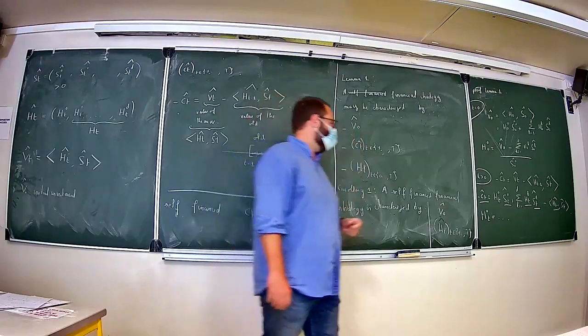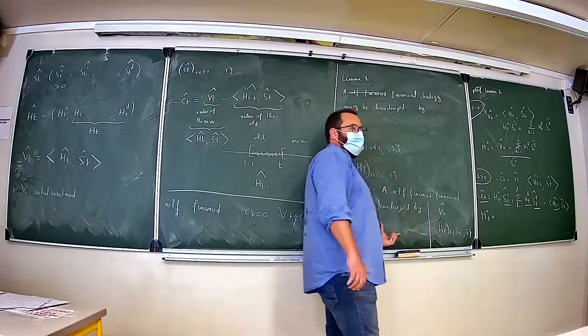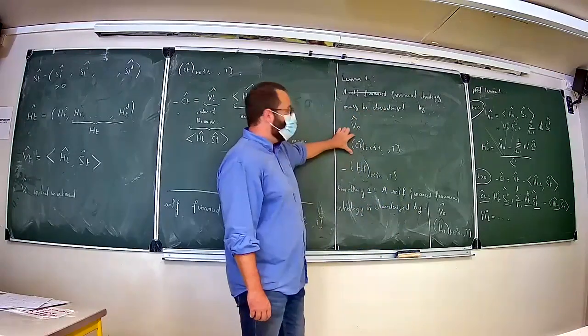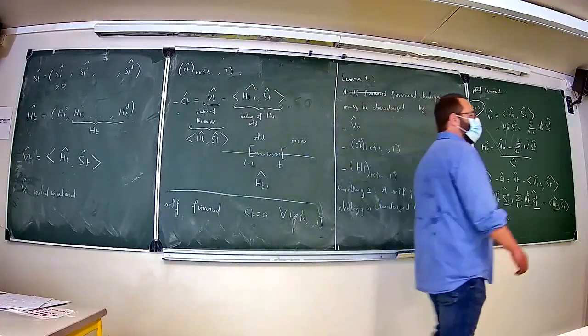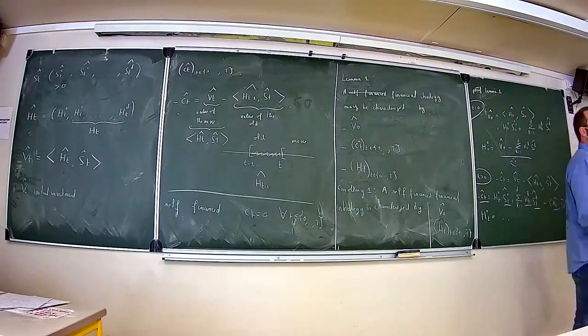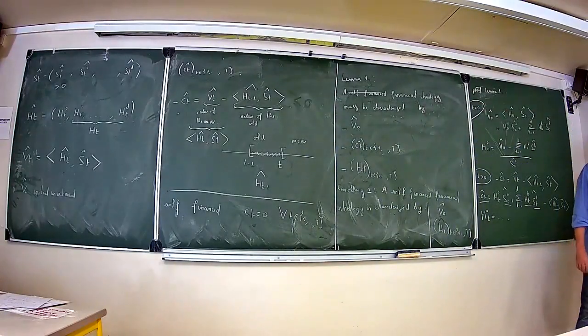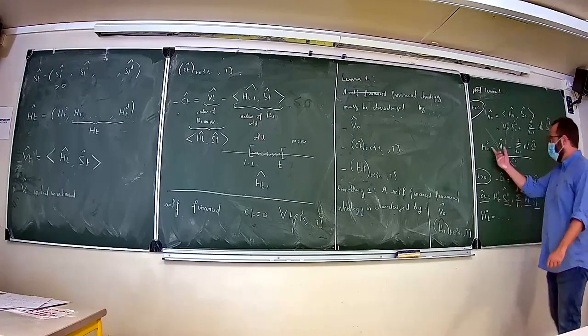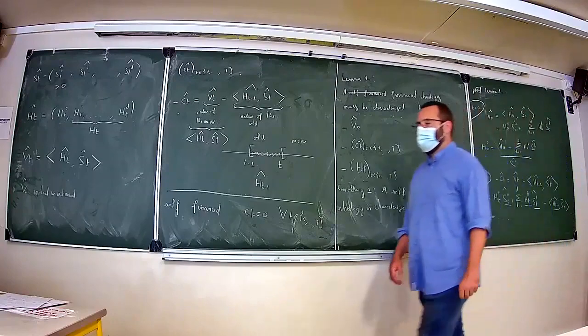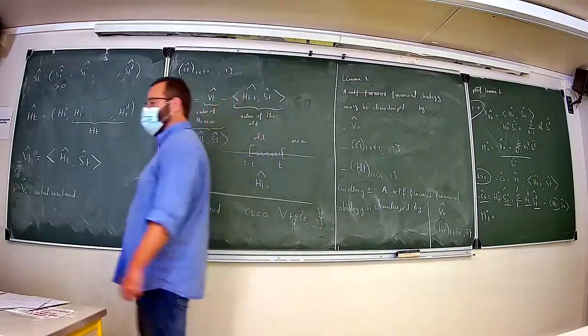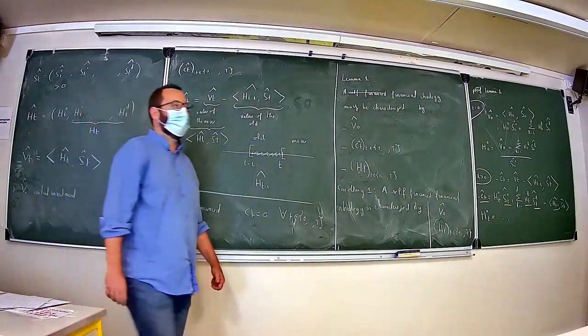And for a self-financed financial strategy, since I know that the consumption process is zero, it will be characterized by its initial investment and the quantity of risky assets. Because I repeat, the quantity of non-risky asset will be a consequence of the value of the other quantities.